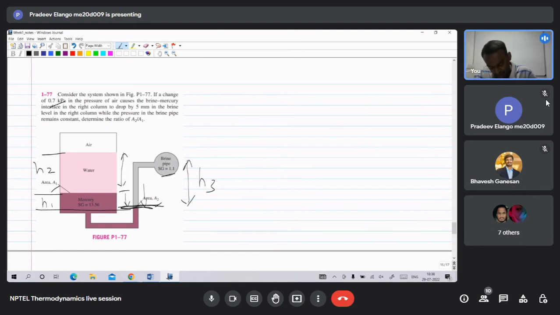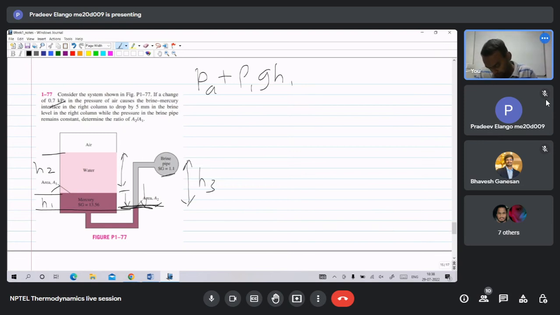Now from the datum, if we start equalizing the pressure on the left hand side and the right hand side, on the left we will have first P air plus rho 1 g h1.